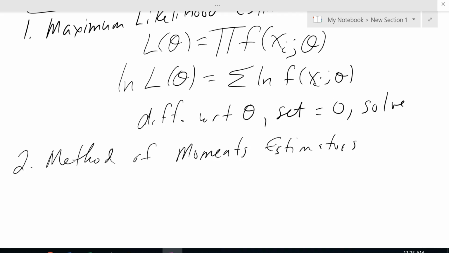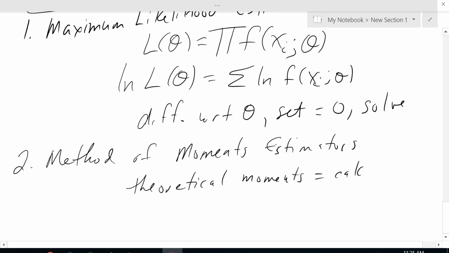So remember, the idea behind method of moments is literally to set your theoretical moments equal to the calculated moments from your sample. And you do that for as many times as you need to get the system of equations that you need.